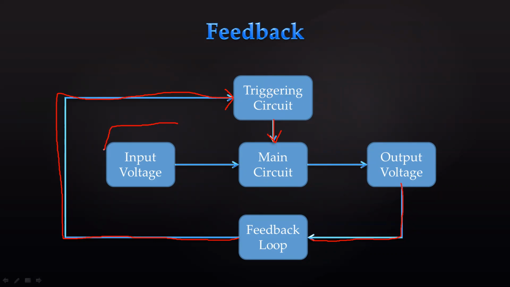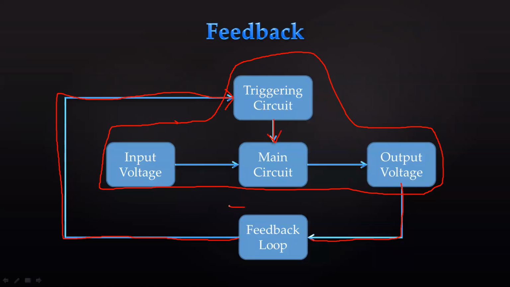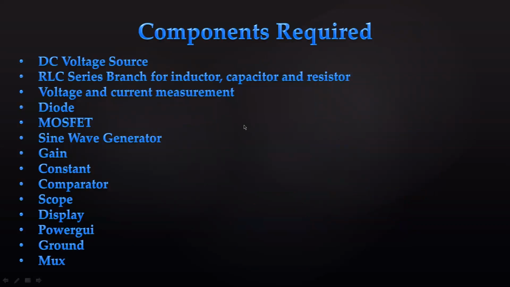If we see, these four portions will be the same as our open loop, only this feedback loop is one addition. So let's see how we can design a feedback circuit. These are the components that we normally require to design a triggering circuit as well as our main circuit.